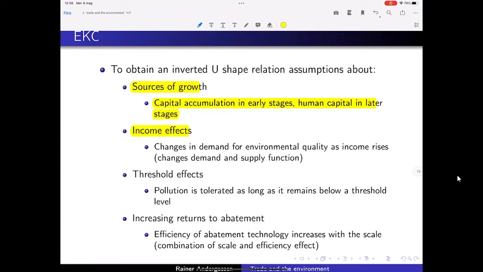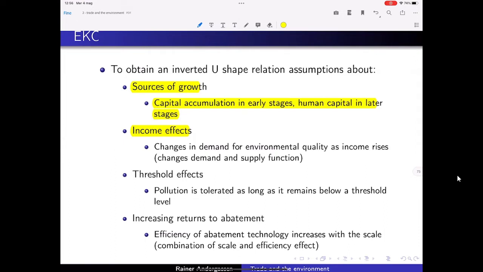This on the one side, but also on the other side, if you're getting richer, you're no longer worried about bringing food to the table, but you're getting worried about growth potentials. This is the case of China, for instance.